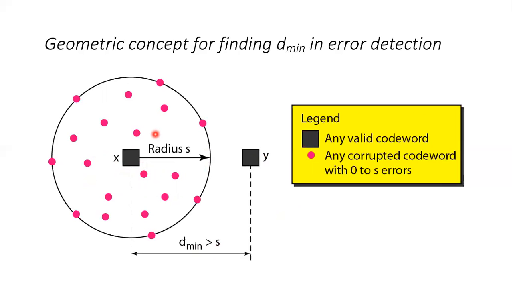Then minimum distance for error correction. So error correction is more complex than error detection.